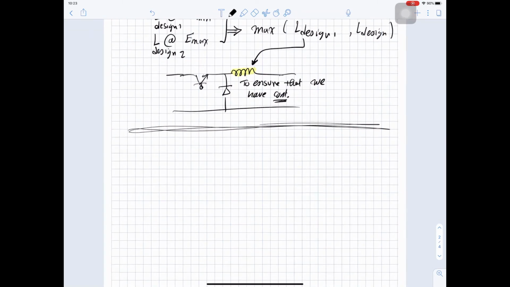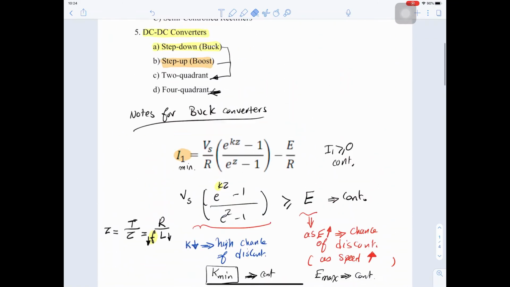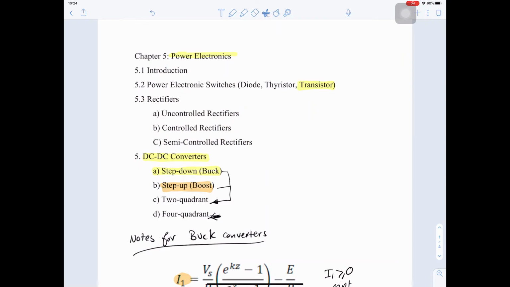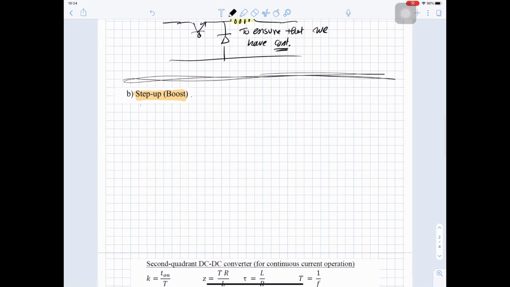Now we will start our second quadrant chopper, or boost converters, or step up. Okay, so I will sketch two sketches.